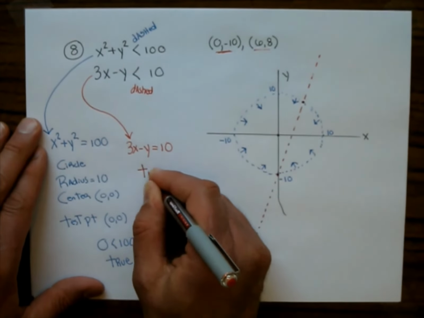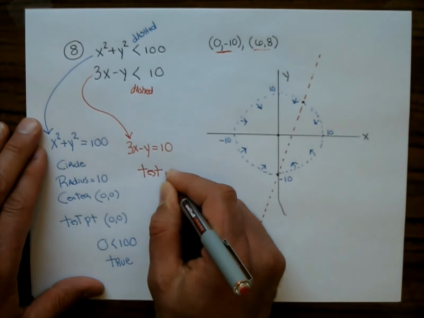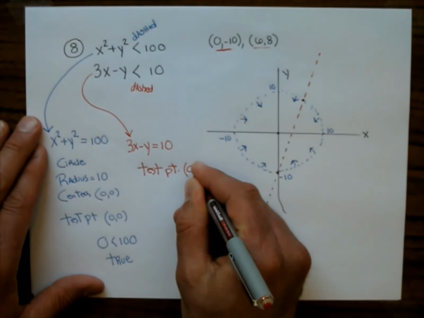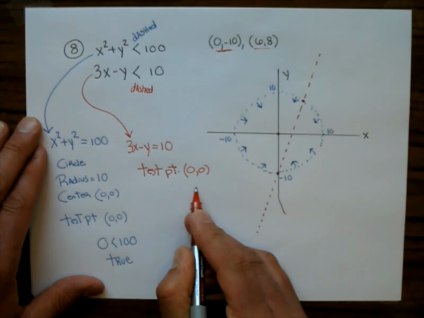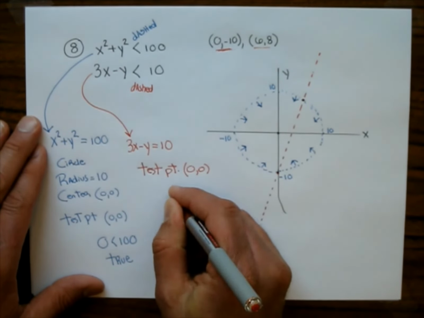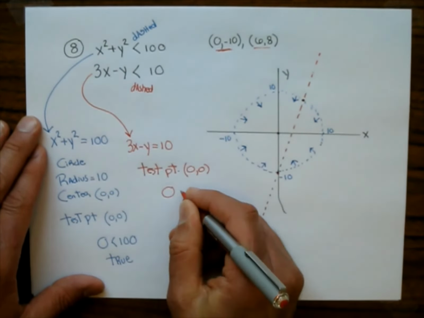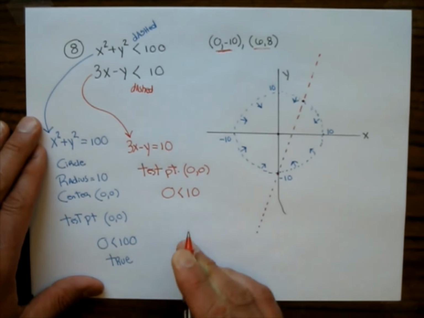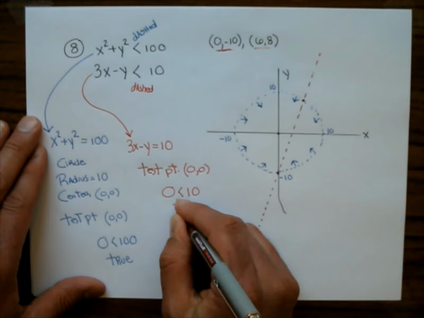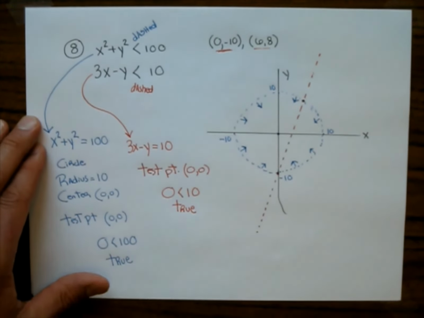I'm going to pick a test point that is not on the line. And so, once again, (0, 0) is always the popular one because it's easy to plug into inequalities. I end up getting 3 times 0 minus 0 less than 10. 0 is less than 10. That happens to be true. So what does that tell me?